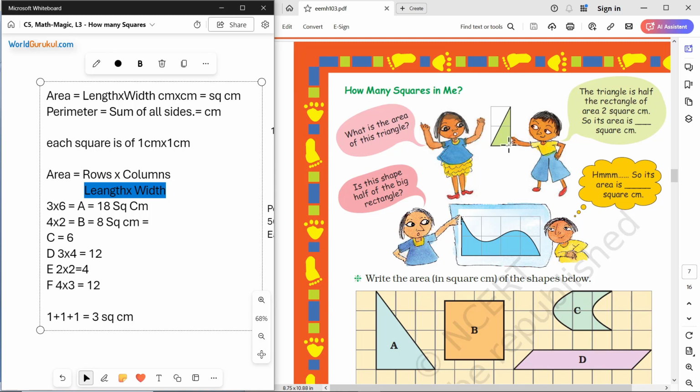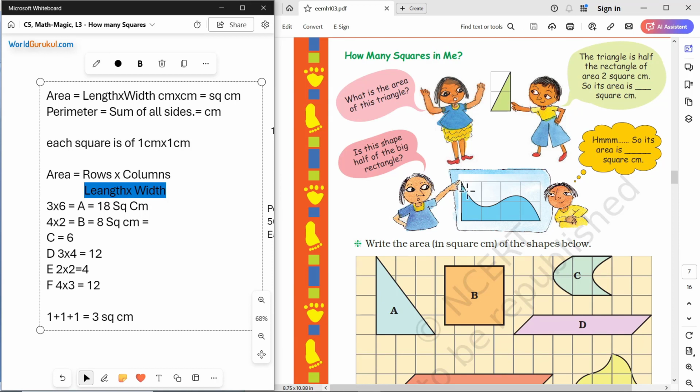So the area of the triangle is 1 square centimeter. Here also you see this line is dividing this rectangle in a symmetric way. So definitely, is the shape half of the rectangle?